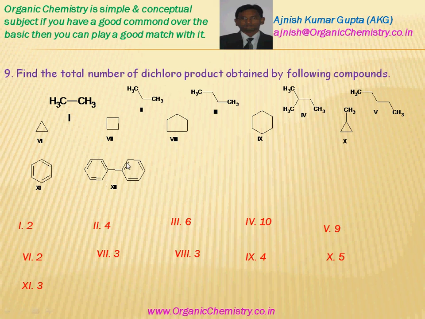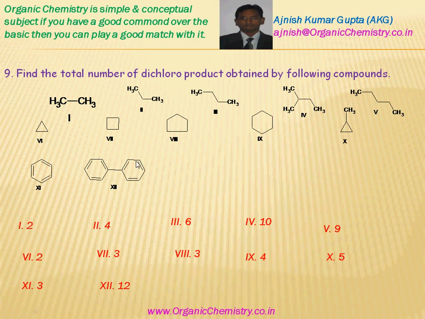So the answer is 12, that is 2,3, 2,4, 2,5, 2,6, along with 2,2, 2,3 and 2,4, because these positions are the same, along with 3,4, 3,5.